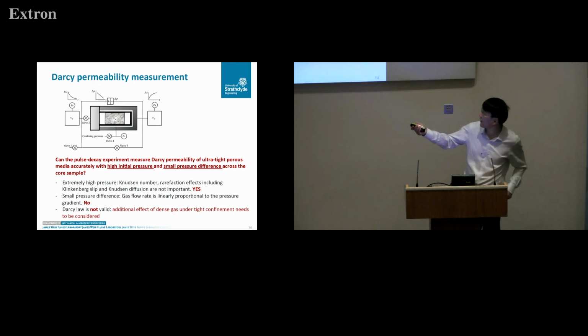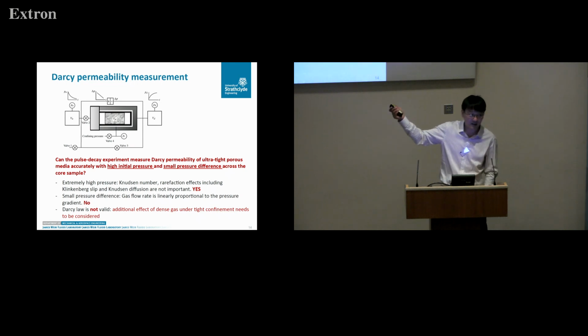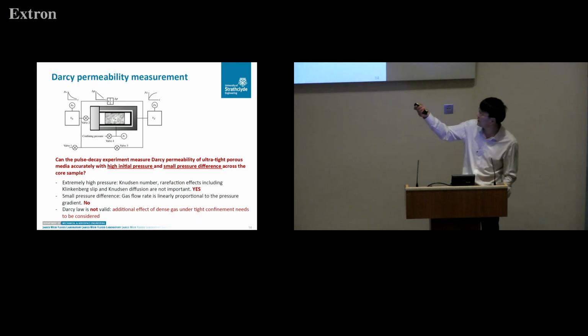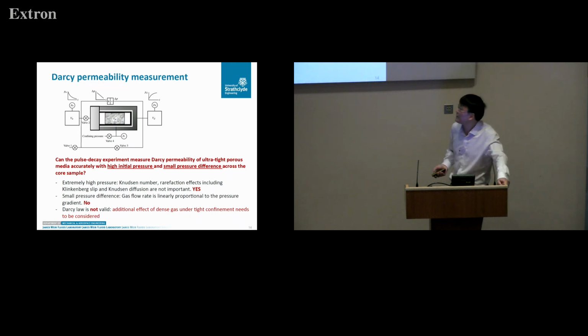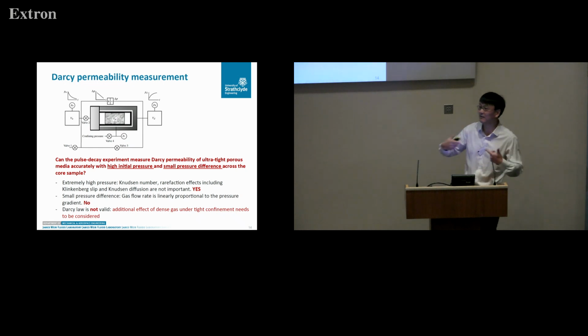The commonly used method to measure permeability is pressure decay. What they usually try to do is apply high pressure, so you can exclude the rarefaction effect because the fluid is very dense, and apply a small pressure difference, so you can safely apply Darcy's law. Then you use Darcy's law to extract the information.